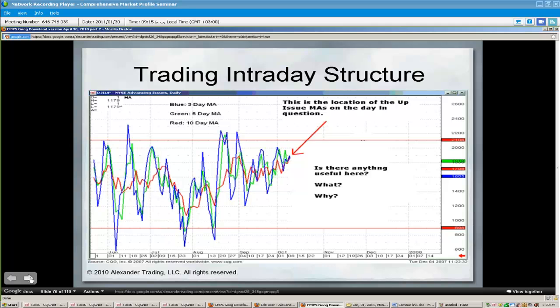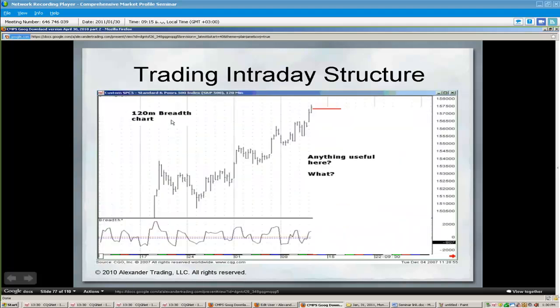Now, this is a 120-minute breadth chart, and what you have here is a divergence between price and breadth.